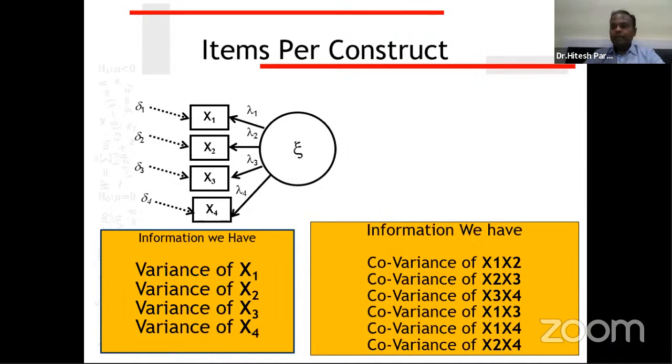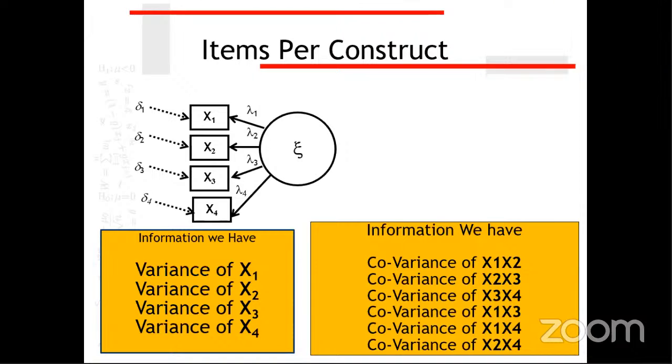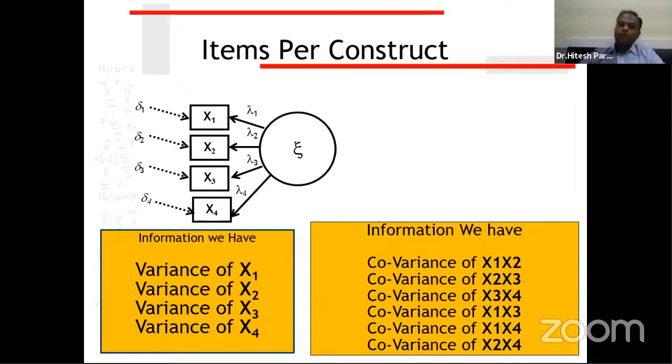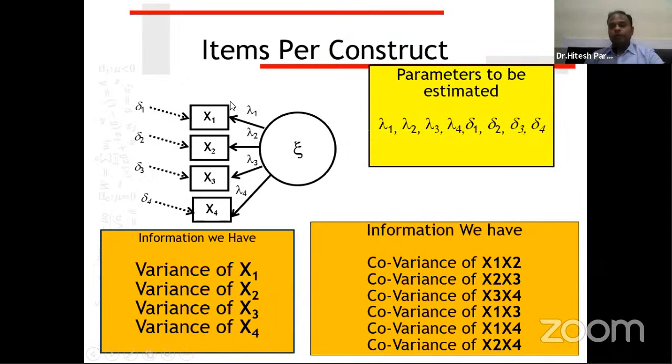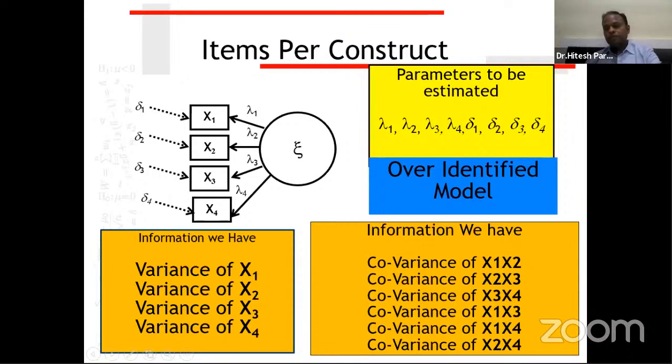Can anybody tell me how many parameters do we need to estimate in this situation? 8. So we need to estimate 8 parameters and we have 10 points of information. So it is perfectly okay. So this kind of situation will be considered an over-identified model, that is perfectly fine for CFA and SEM.